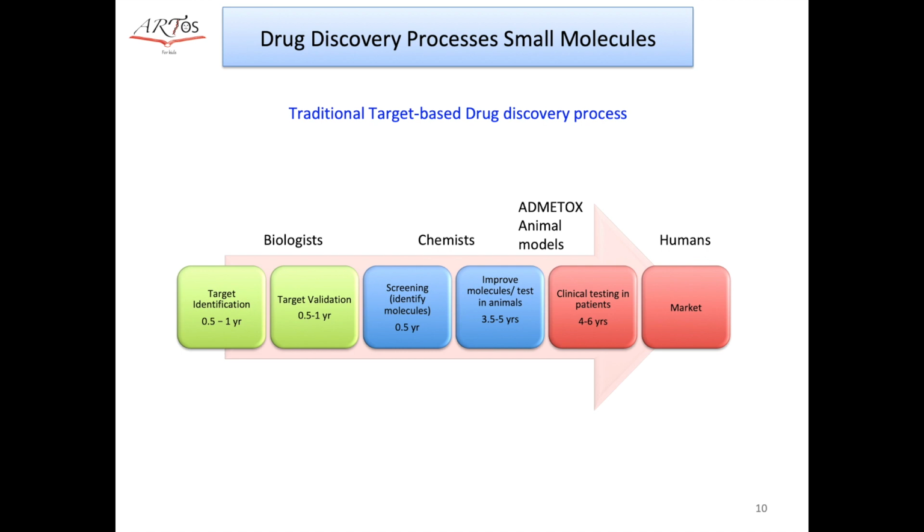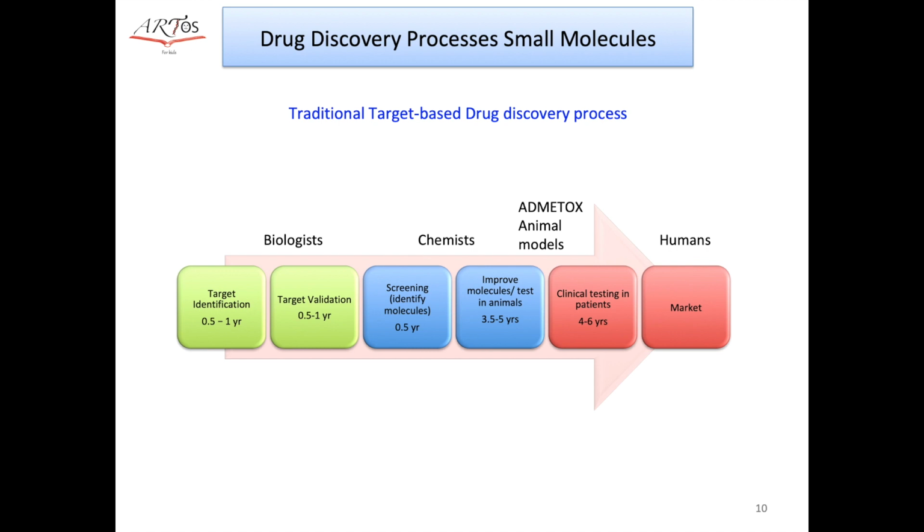The first process I will explain is the traditional target-based drug discovery process. It starts with target identification and validation, where you choose on what you are going to work and be sure that it will improve the condition of the patient. These steps are performed by biologists.